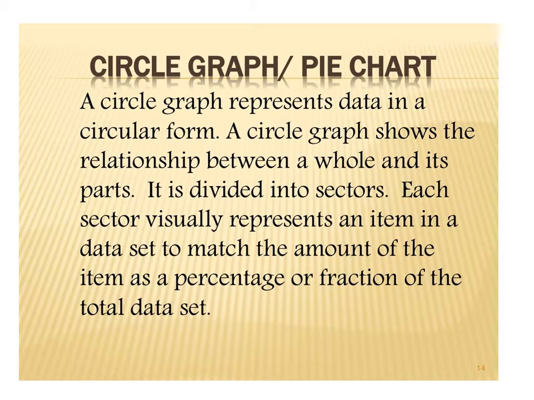A circle graph shows the relationship between a whole and its parts. It is divided into sectors. Each sector visually represents an item in a data set, matching the amount of the item as a percentage or fraction of the total data set.